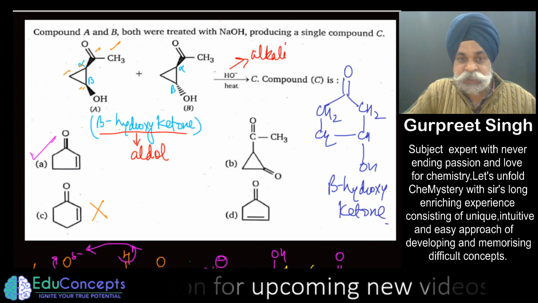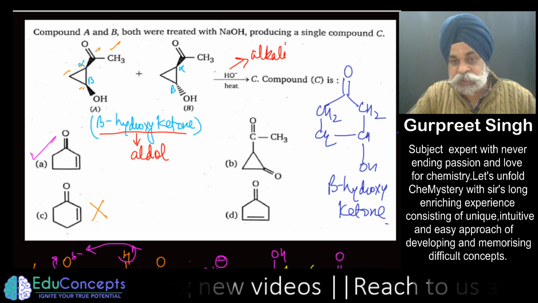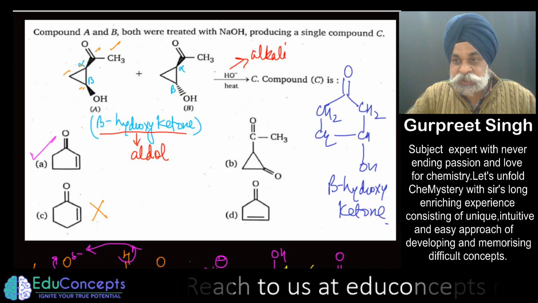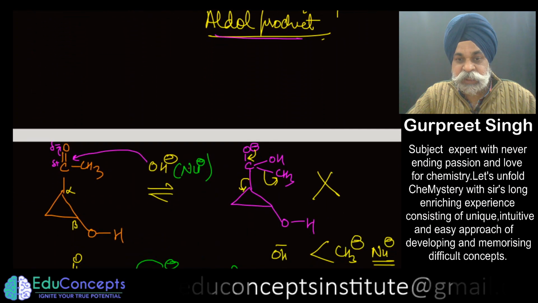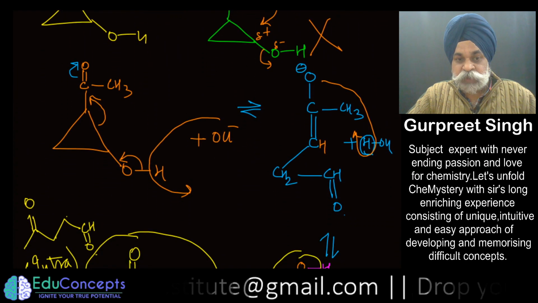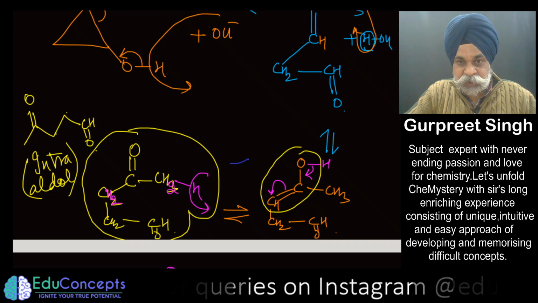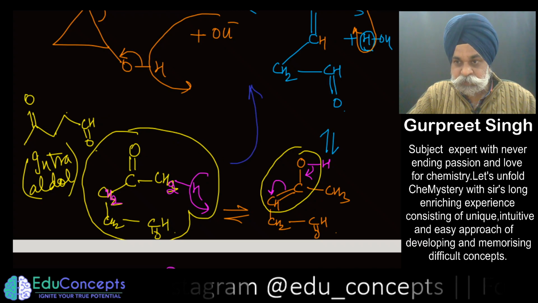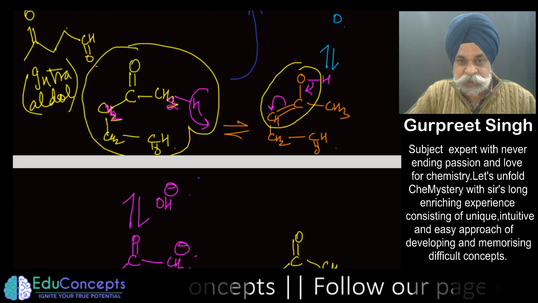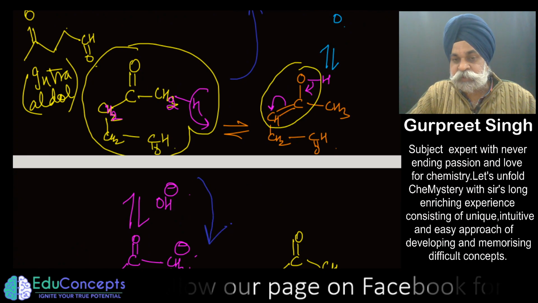So from one beta hydroxy ketone you generated another beta hydroxy ketone. Actually all of these steps were in equilibrium. So once you reach this stage, this starting material can go this side also, or it can go this side also. Both are the products.